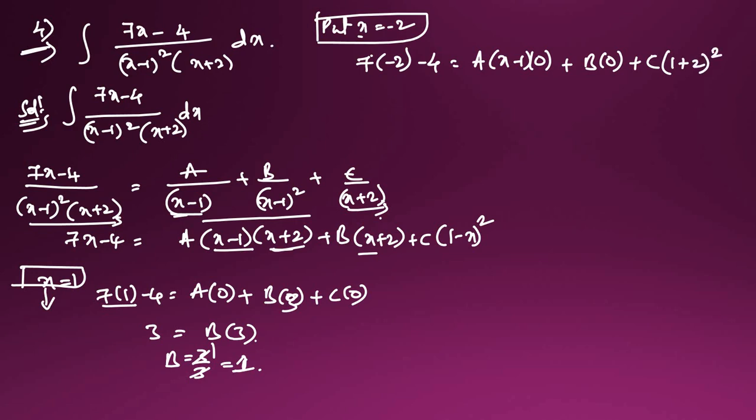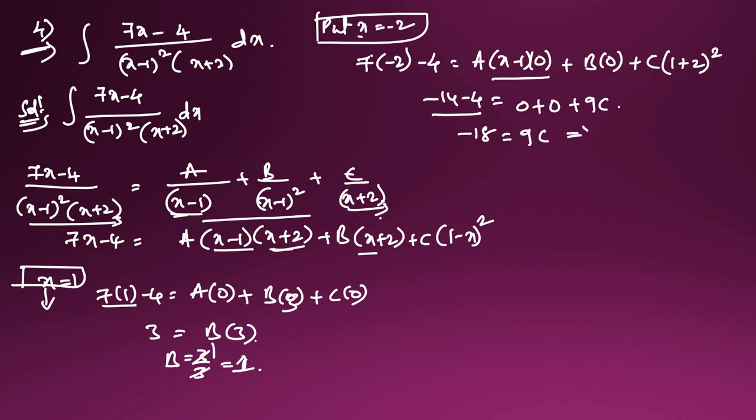So 7 into minus 2 is minus 14, minus 14 minus 4 equals 0 plus 0 plus C into 9. 3 times 3 is 9, so 9C. This total, minus 18, equals 9C.